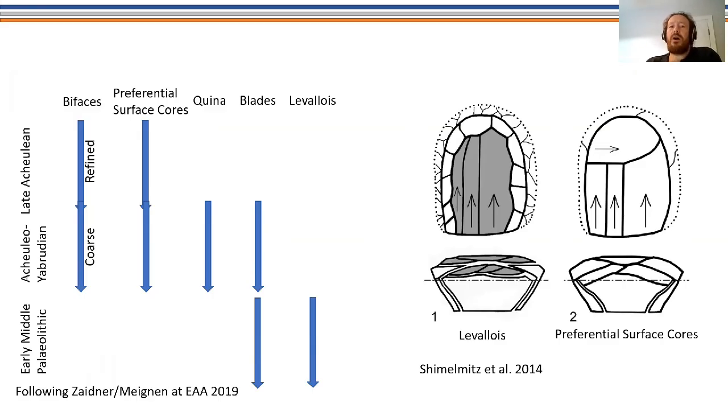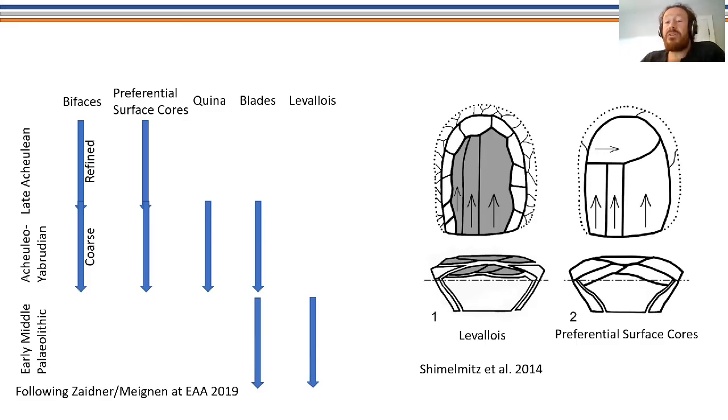Now, here, the appearance of Levallois technology in Middle Paleolithic assemblages is argued to result from a population replacement, with Ran Barkai, Ron Shimelmitz and colleagues arguing that this wider technological change is associated with the appearance of hafted toolkits. Now, what might be particularly useful in making comparisons to regions such as the Levant is a recognition of a diverse range of core reduction approaches, such as preferential surface cores, shown on the right-hand side here.